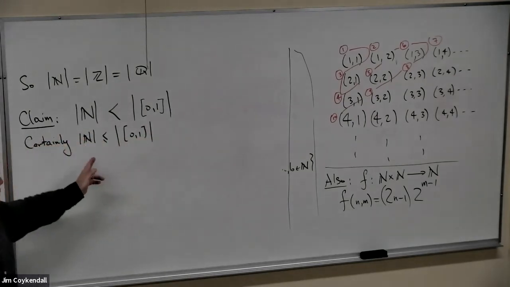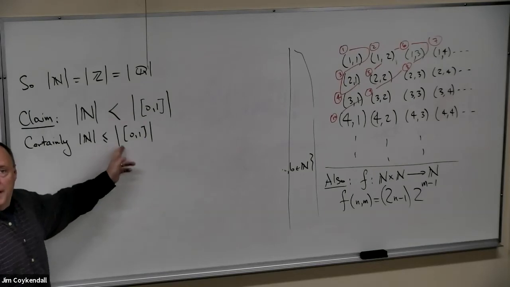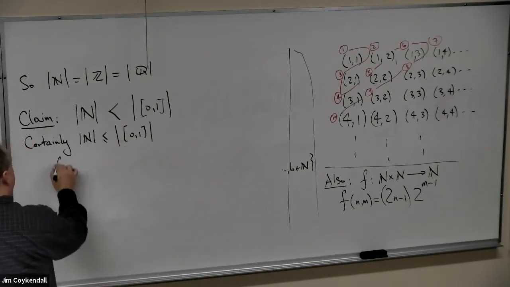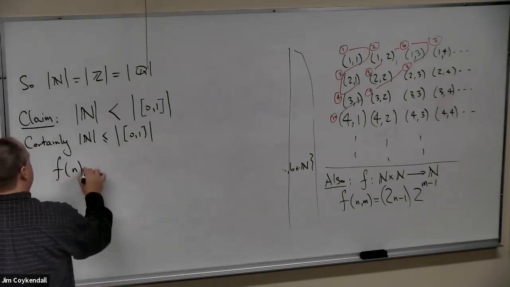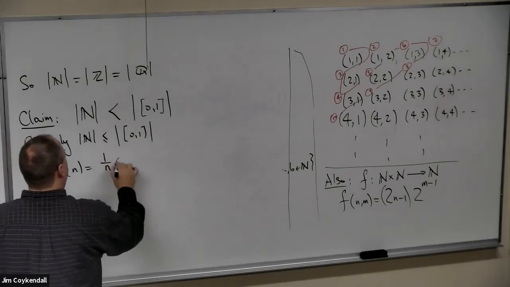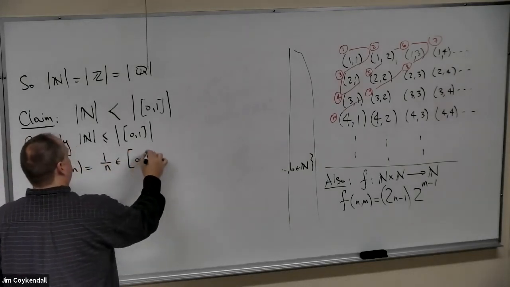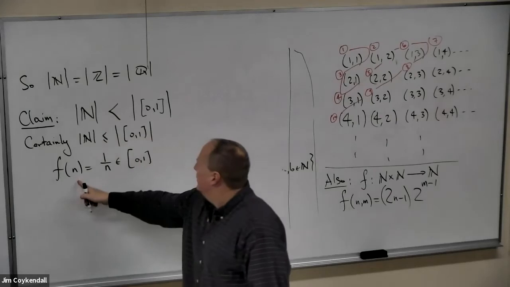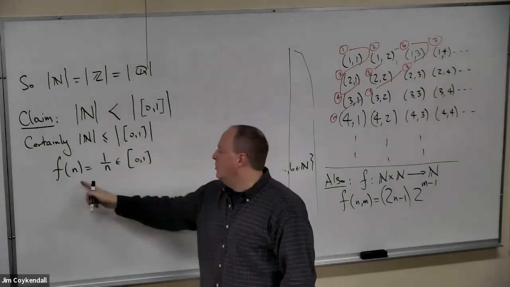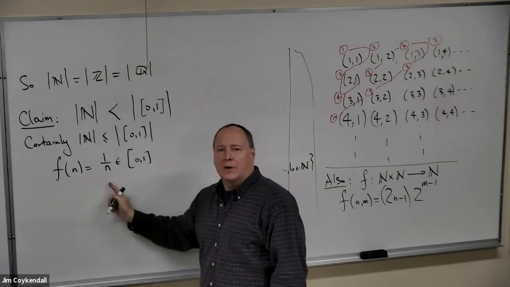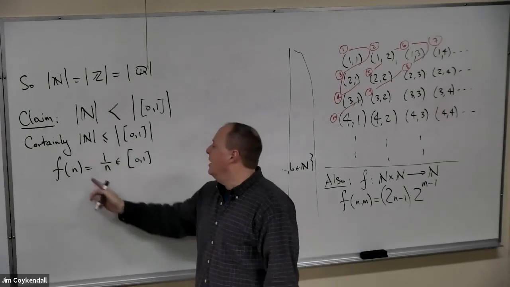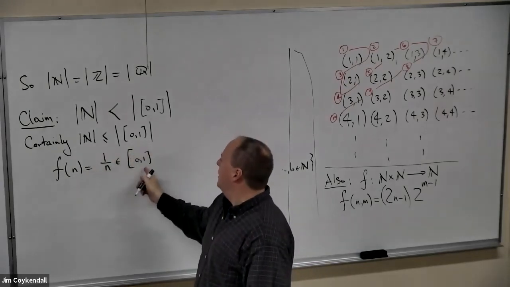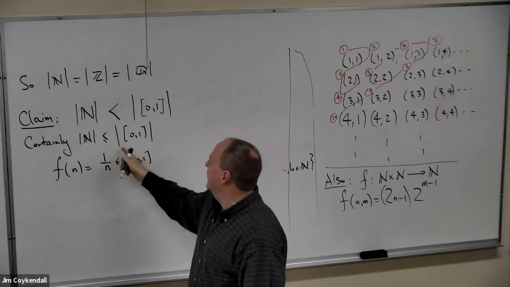Remember, this means there's a one-to-one map: f of n equals 1 over n. So take 1 to 1, 2 to 1/2, 3 to 1/3, 4 to 1/4, etc. This is a one-to-one map, so the size of this is less than or equal to.